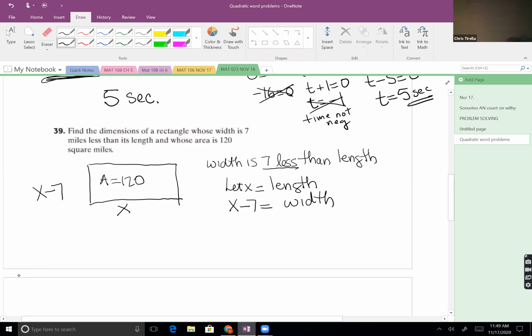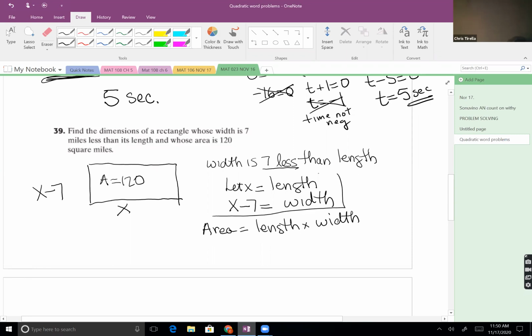And now we know that area equals length times width. And I apologize, I wrote that too fast.